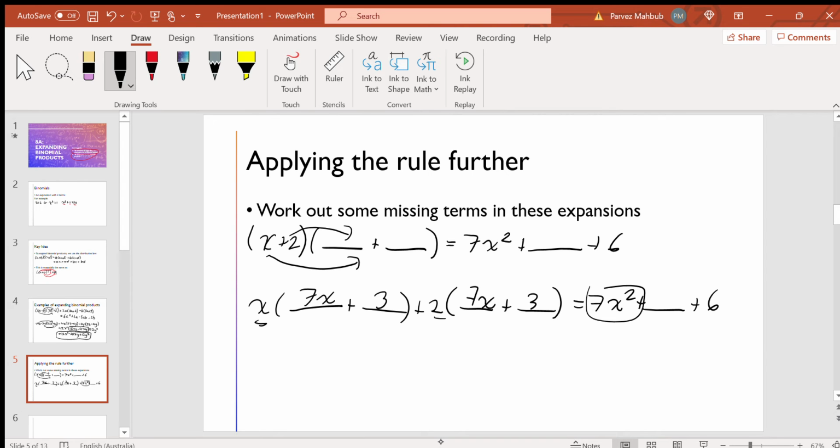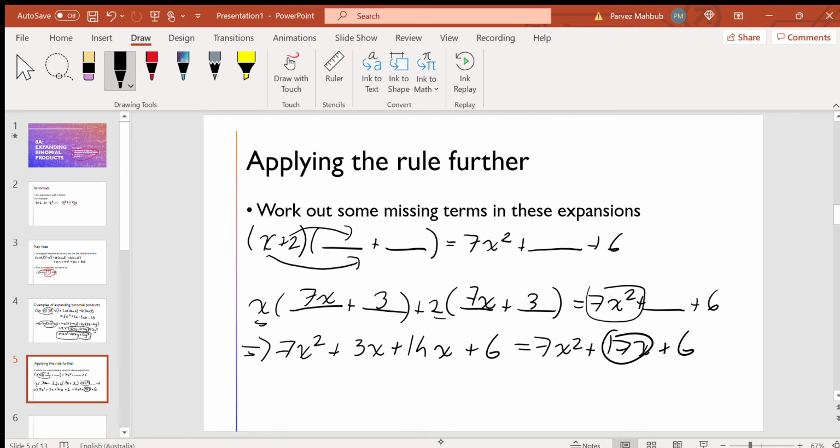And let's expand this and see if we get our final answer. 7x squared plus 3x plus 14x plus 6. That becomes 7x squared plus 17x plus 6. And yes, we got our middle term. So this is 17x.